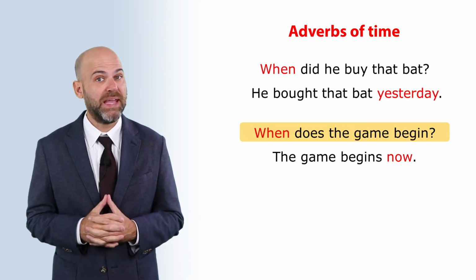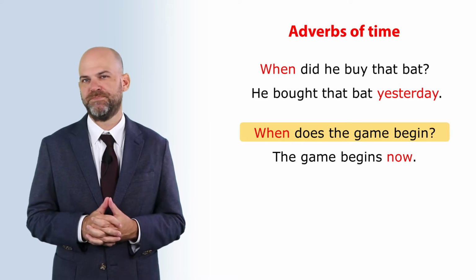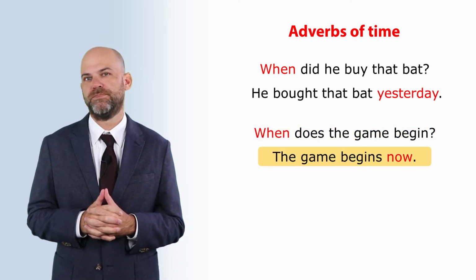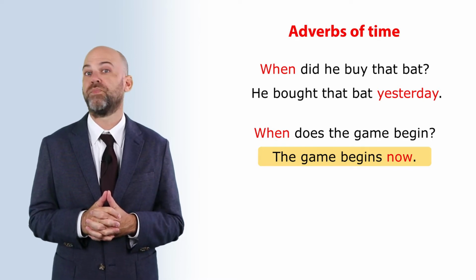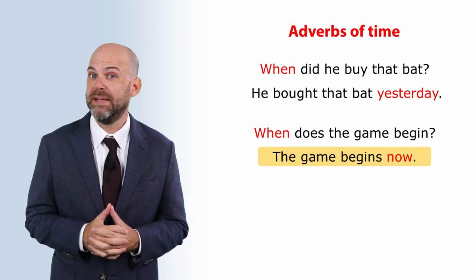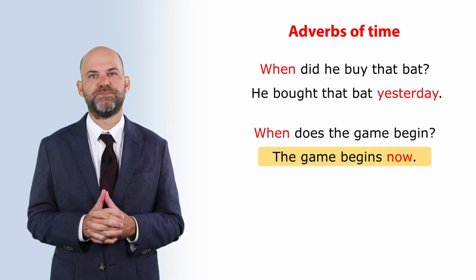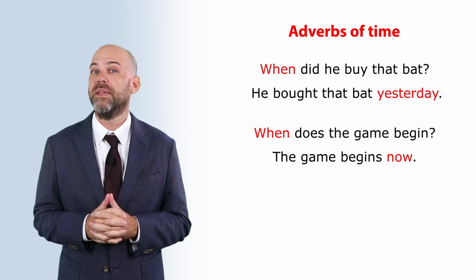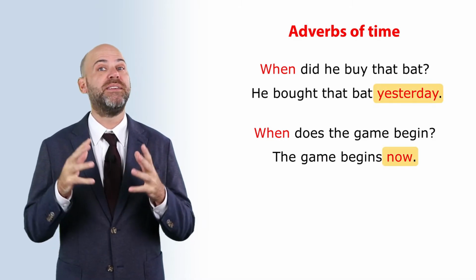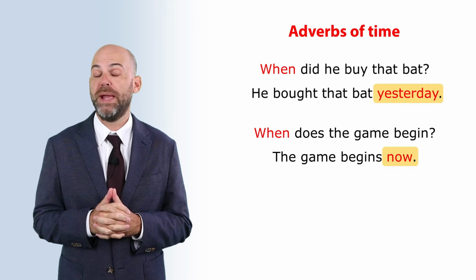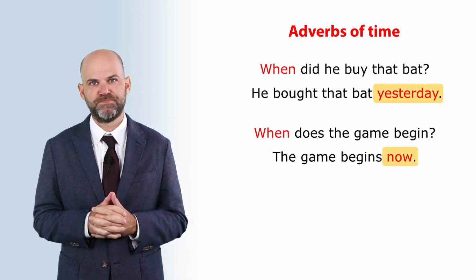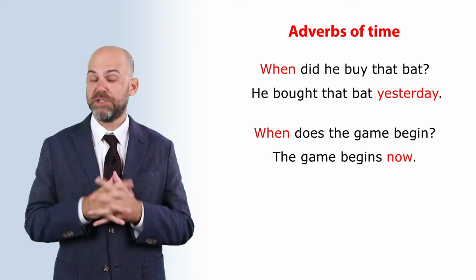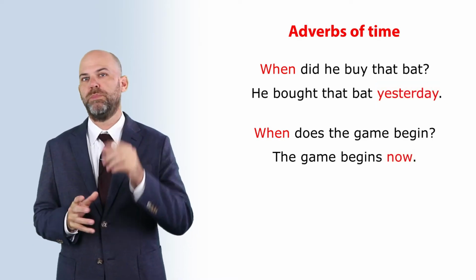The game begins now. Good. These examples use definite time adverbs to answer when. Yesterday and now are specific times. Let's try two more. Repeat after me.